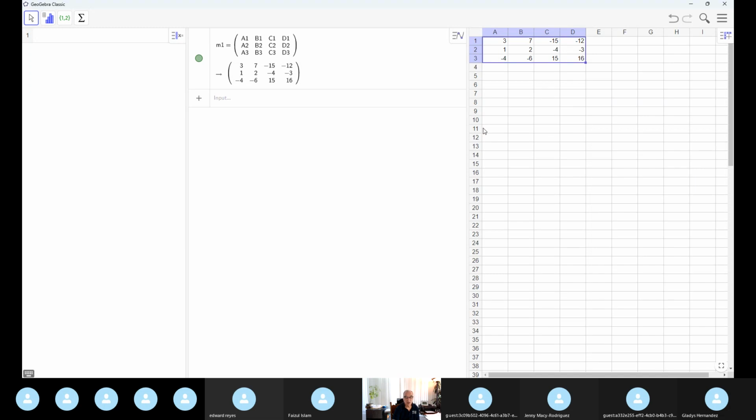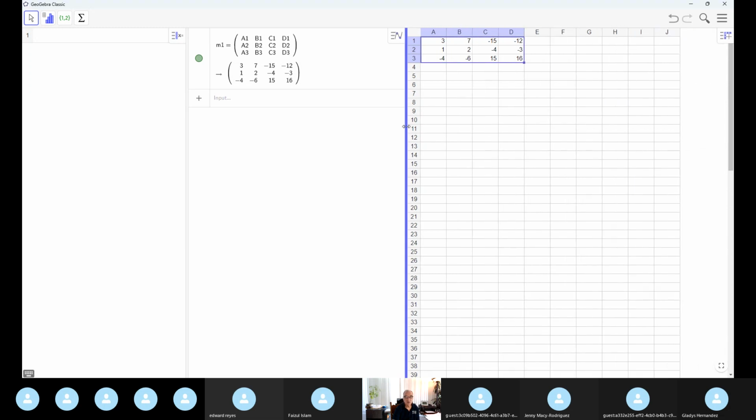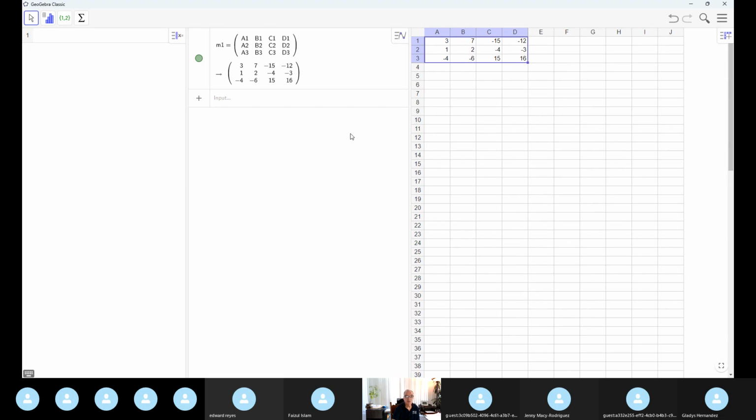In the Algebra window, you see my matrix. And this is the moment, guys, to check for any mistakes, because everyone makes mistakes. I make mistakes all the time. If you forget one sign or put the wrong sign, you get a different answer. Let me check it: 3, 7, negative 15, negative 12, 1, 2, negative 4, negative 3, negative 4, negative 6, 15, and 16. Good, I did well.